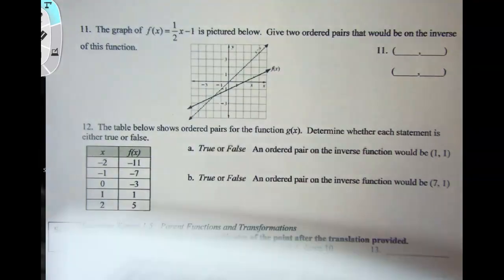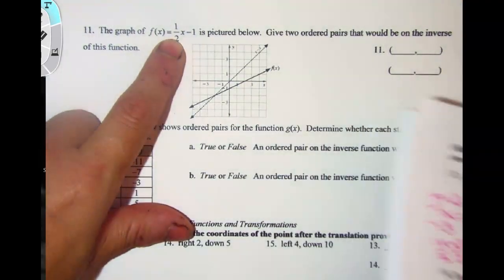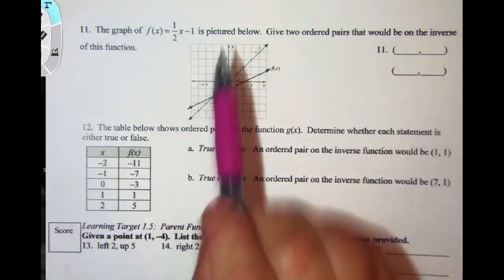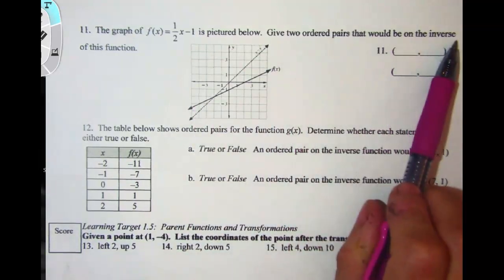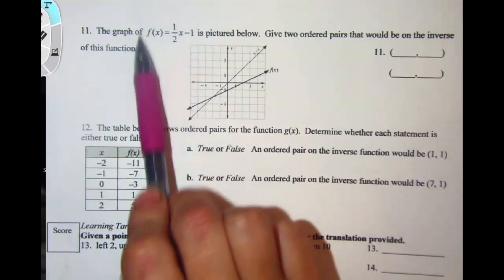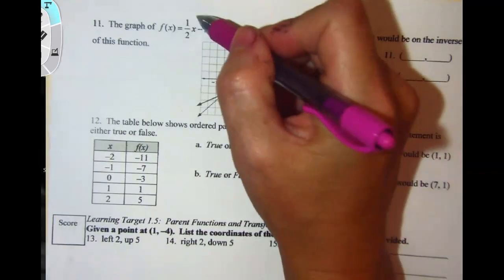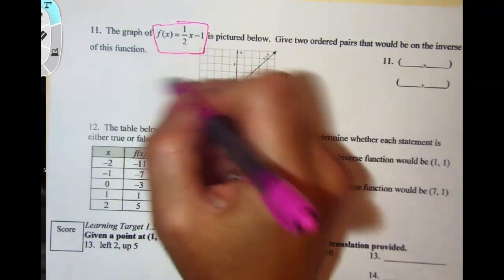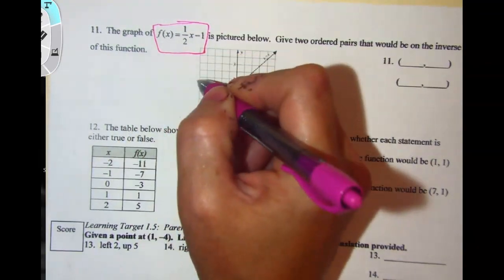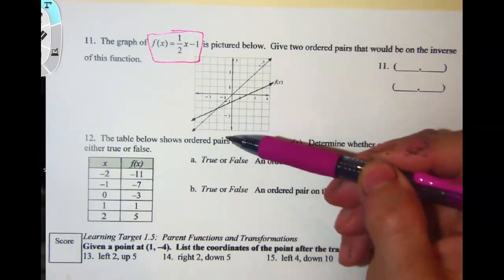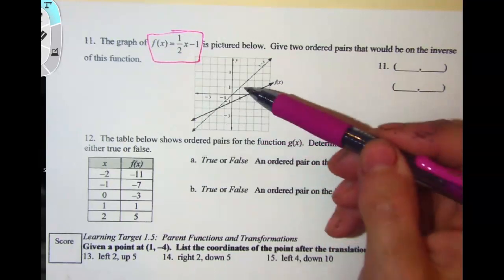Okay, so for this one, it's actually a little bit more simple because it's just asking you to give two ordered pairs that would be on the inverse of this function. So first, you want to find the inverse of this function. Okay, and we know how to solve for and find the inverse of the function. And then you're going to put it on the graph. And then you're just going to look at yours and find two ordered pairs on there.